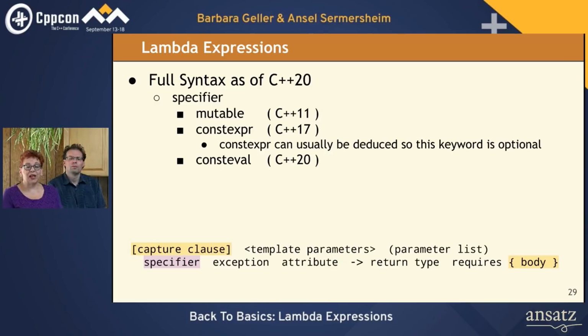That's going to happen automatically. So the question is, why would you mark a Lambda expression as constexpr? The only reason to do this is if you have a Lambda expression that you need to be constexpr, then marking it constexpr will cause a compile error if the compiler cannot deduce its constexprness.